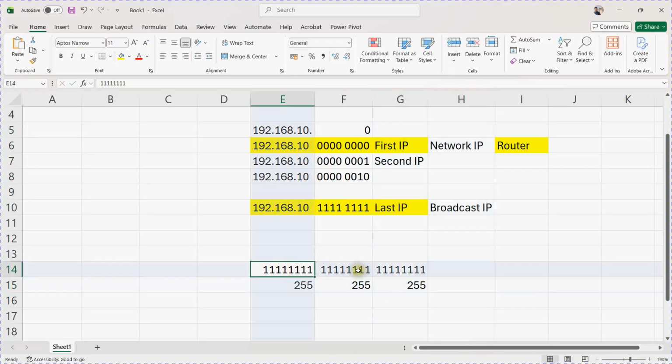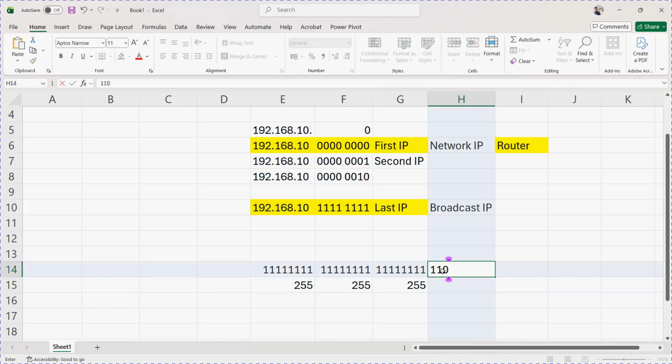So 8 plus 8 plus 8 is 24. The remaining 2 bits, 1 2, and then 3 4 5 6 7 8. You need to figure out what number this is.